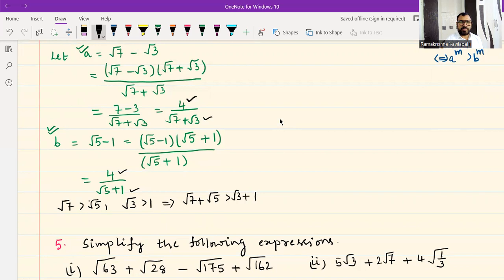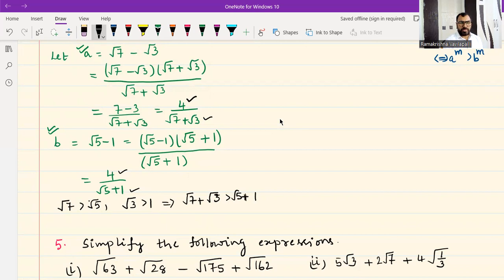So here root 3 and root 5, we are adding these two. Now you see the denominator of A is larger than the denominator of B.